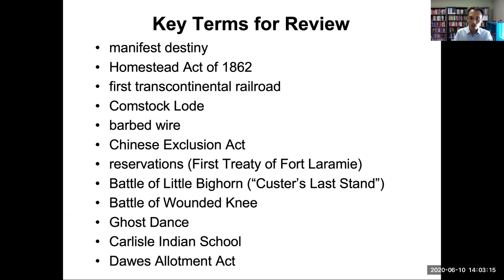Manifest Destiny, Homestead Act of 1862, the first transcontinental railroad, Comstock Lode, barbed wire, Chinese Exclusion Act, reservations, and this concept was closely connected to the first Treaty of Fort Laramie, Battle of Little Bighorn, in the textbook also described as Custer's Last Stand, Battle of Wounded Knee, Ghost Dance, Carlisle Indian School, and the Dawes Allotment Act.